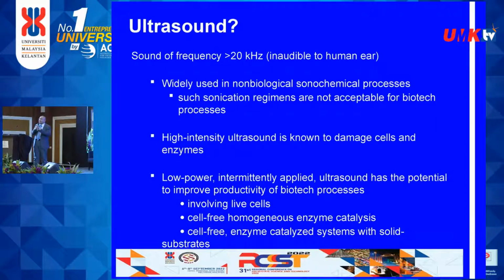Cellulase is an enzyme. Third, directly influencing cell metabolism by inducing intracellular motions in the live cell system, for example, K. marxianus. Fourth, directly influencing enzyme-substrate binding and unbinding in a homogeneous enzyme catalysis system, for example, lactose hydrolysis by beta-galactosidase.